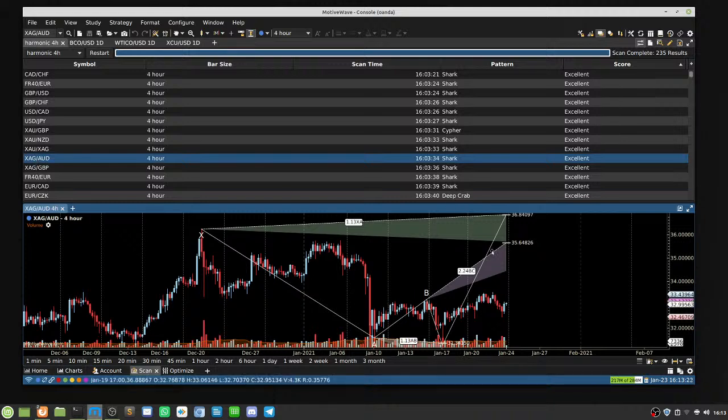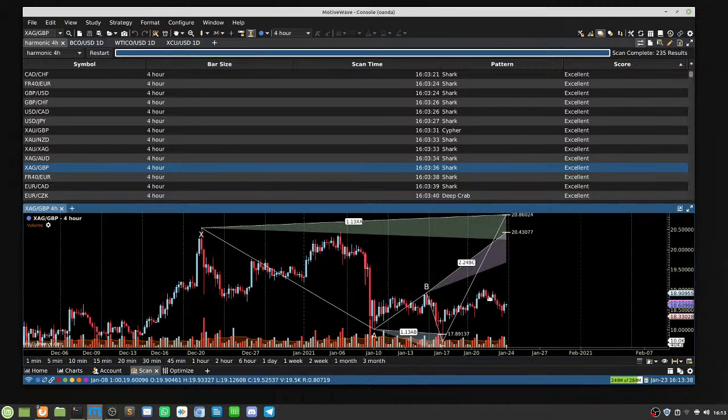This is what really caught my eye: silver in Australian dollars. You can see it's a long here. I do believe this has some credibility, because the Australian dollar is doing okay, and same with the British pound. These two longs in silver would make sense.